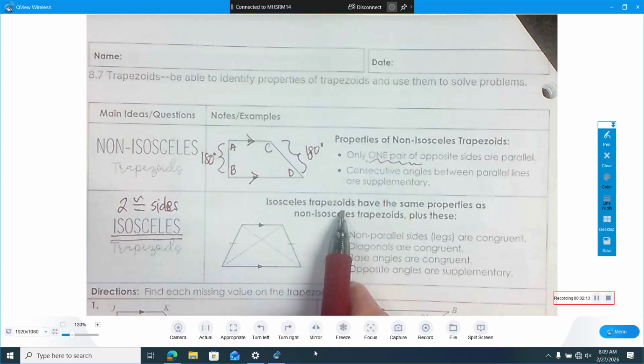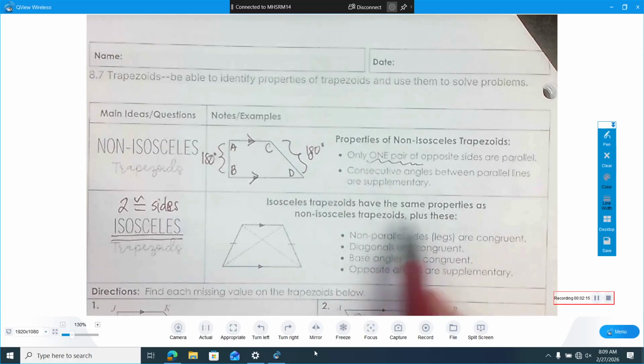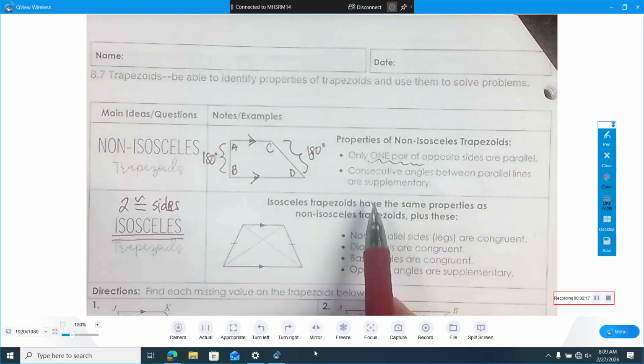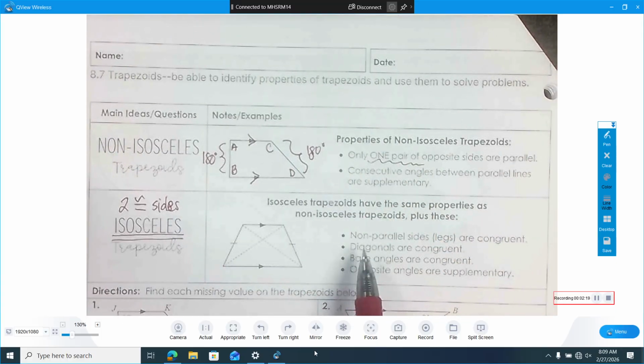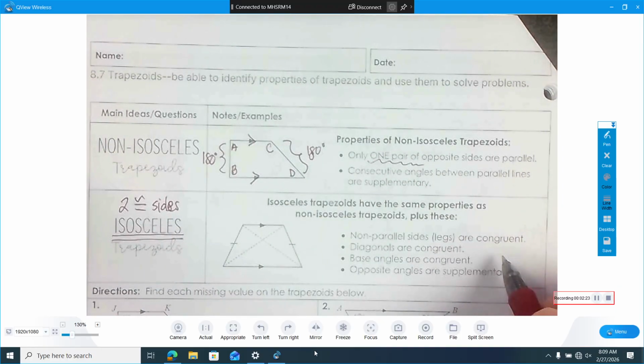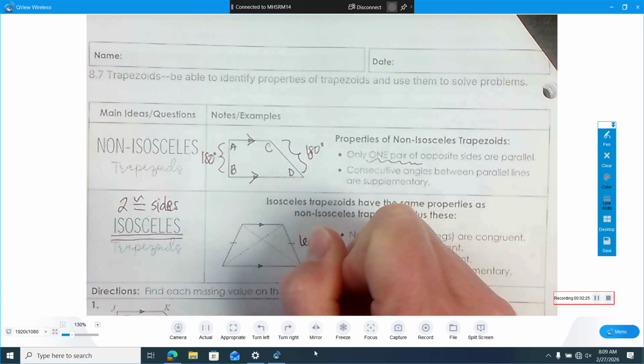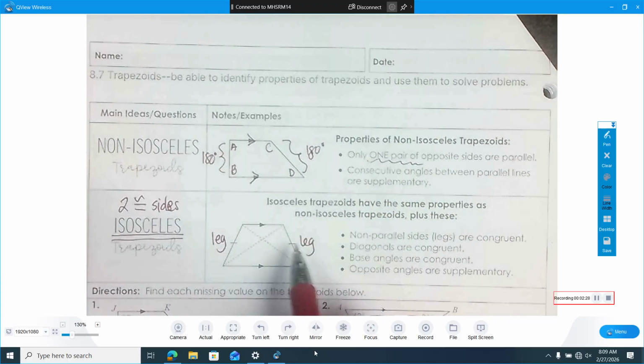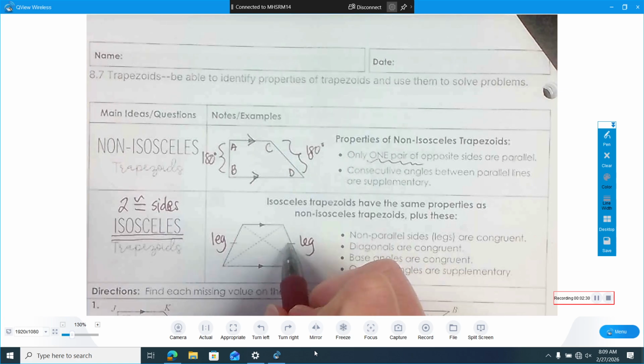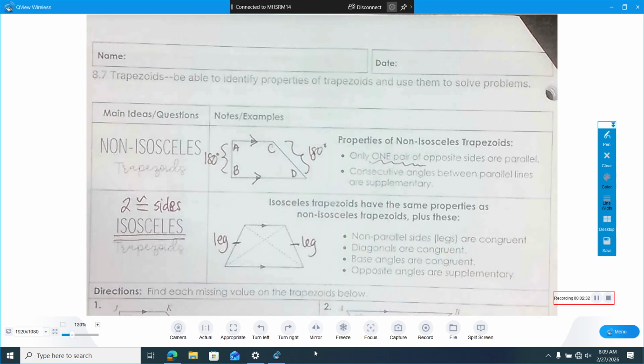Isosceles trapezoids have the same properties as above, plus the non-parallel sides, which we call the legs, are congruent. So these are the legs, and they are congruent. You can see that congruence marking right there.